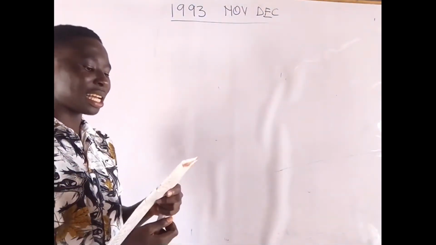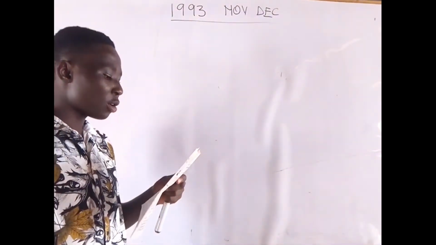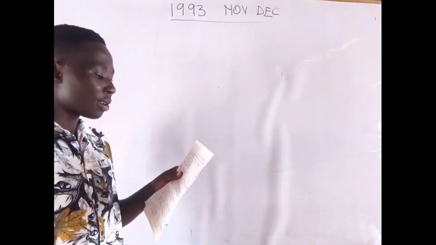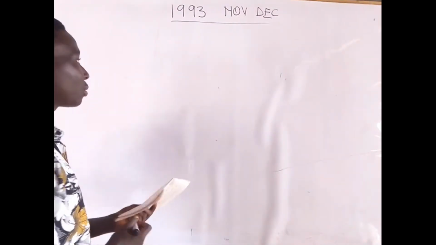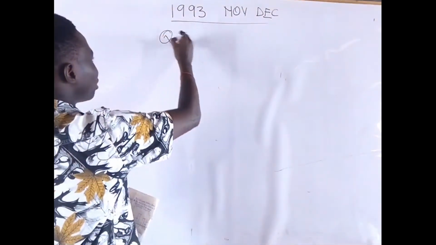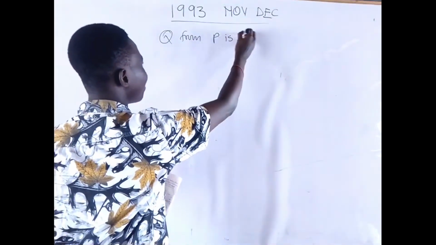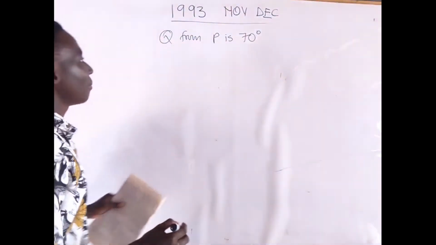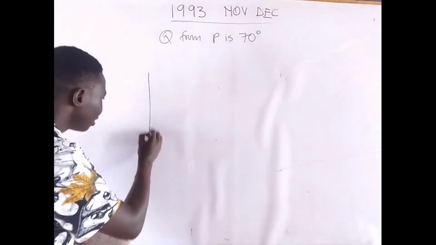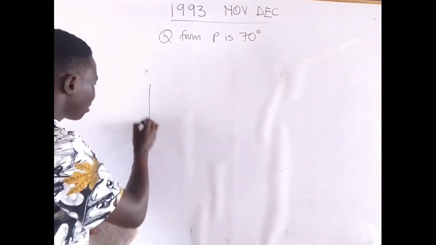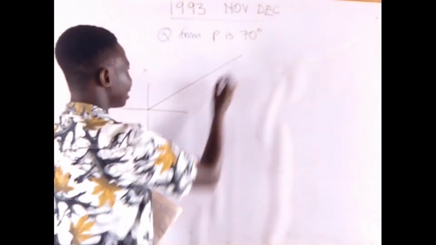Number 10. P is equidistant from Q and R. The bearing of Q from P is 70 degrees. So this bearing will be something like this.